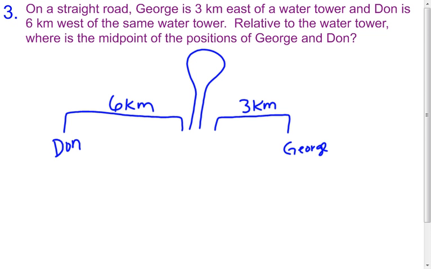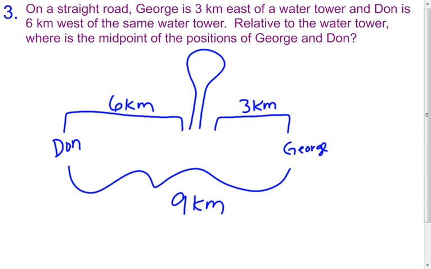Relative to the water tower, where is the midpoint position of George and Don? Basically there's 9 kilometers from here to here, I think you can see. Half of 9 is 4.5. So if I go in 4.5, the halfway point will be 4.5 in here. This distance has to be 4.5, and this is clearly not to scale.